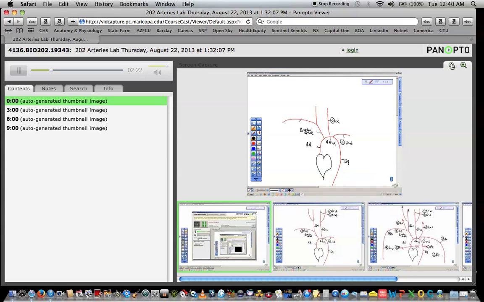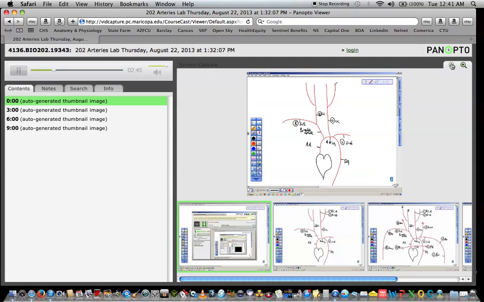We end up with a right subclavian and a right common carotid.